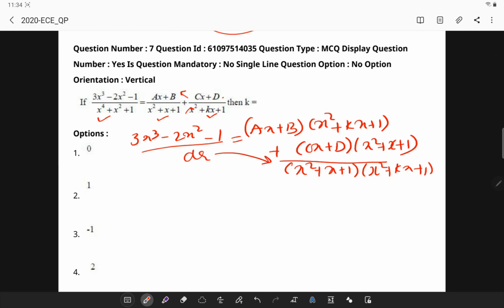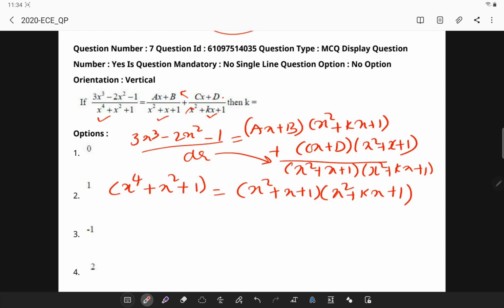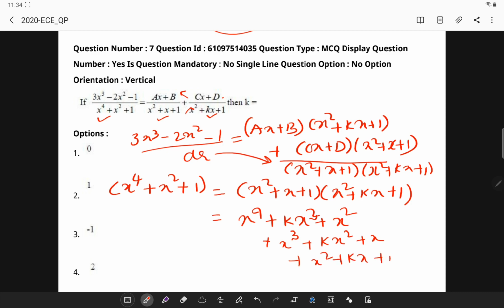So if I observe, the denominators are supposed to be equal, therefore I will be left with the equation x power 4 plus x square plus 1 is equal to (x square plus x plus 1) into (x square plus kx plus 1). If I do the multiplication, I will be left with x power 4 plus kx cube plus x square, plus x cube plus kx square plus x, plus x square plus kx plus 1.